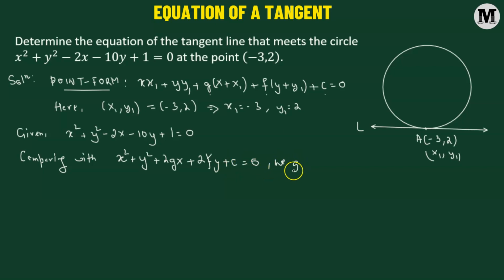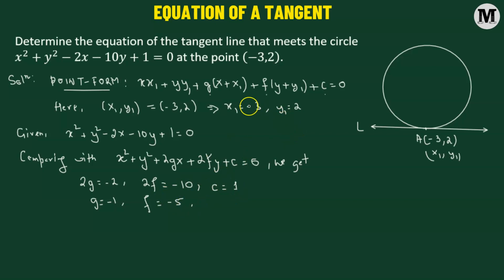We are going to get 2g equals -2, 2f equals -10 and the value of c equals +1. That means g comes out to be -1, f comes out to be -5 and c is 1.